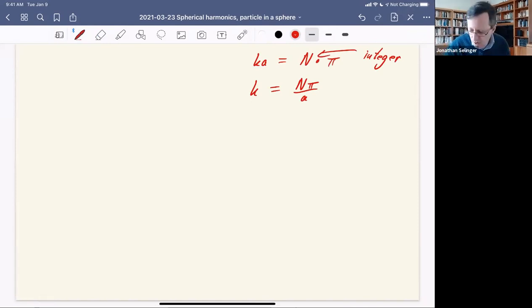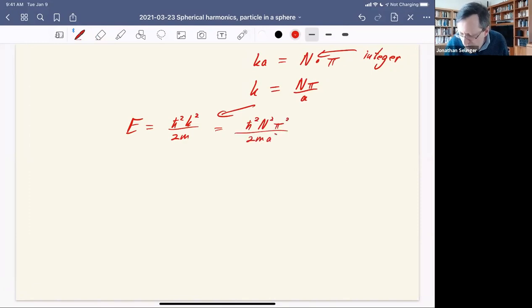Okay, and so that means we know the wave function. We also know the energy, right? That the energy then is h bar squared, k squared over 2m. So h bar squared, big N squared, pi squared over 2m, a squared. Okay, so this is okay if L equals 0, right?